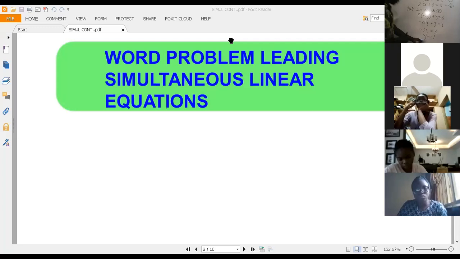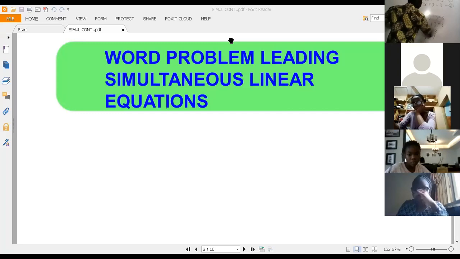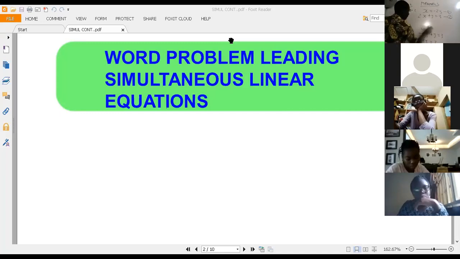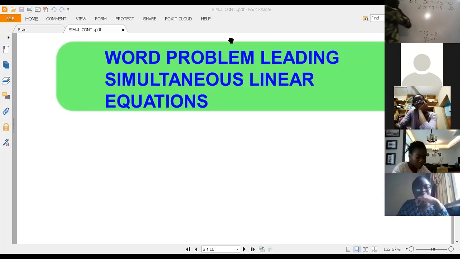Then the next thing is to substitute for the value of y, which is minus 1, into equation 1. Put y to be minus 1 into equation 1.